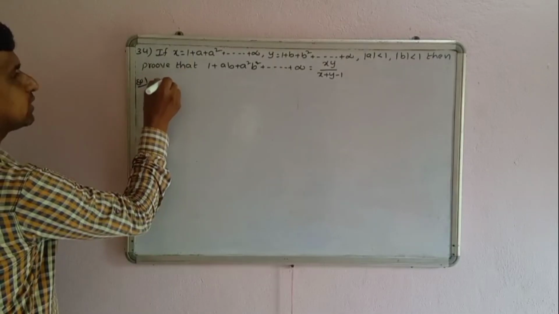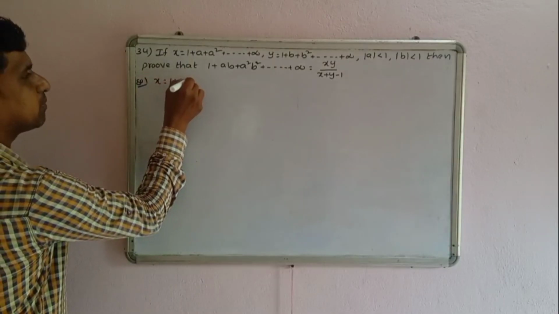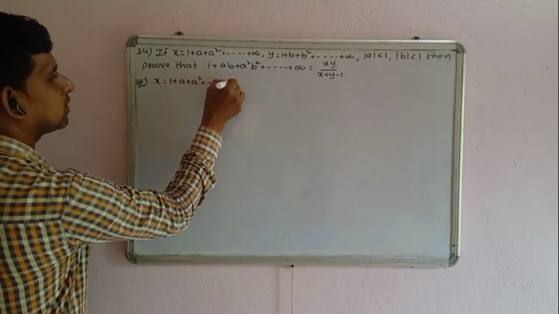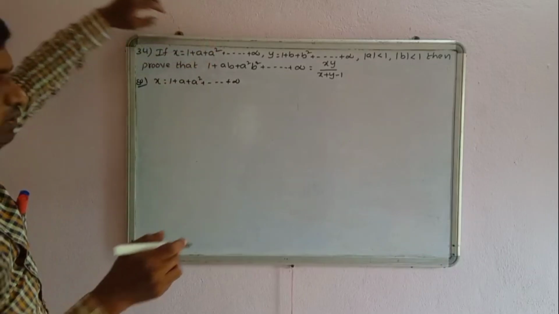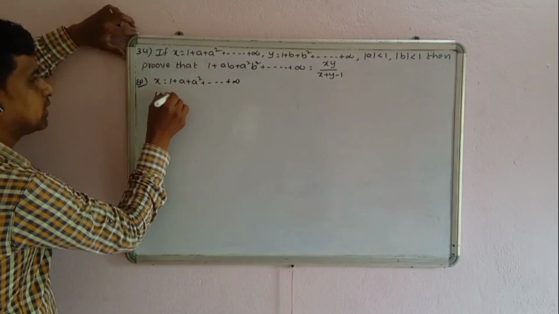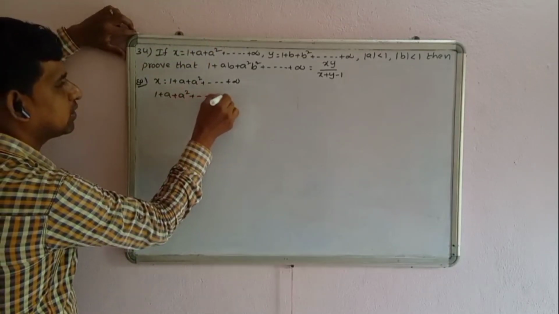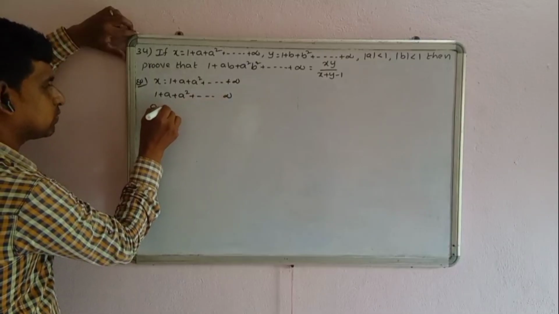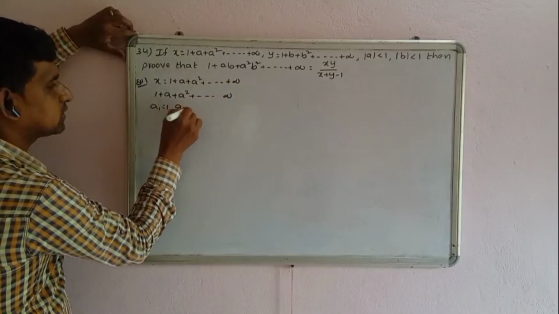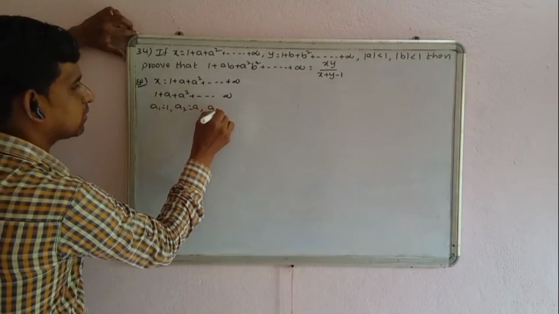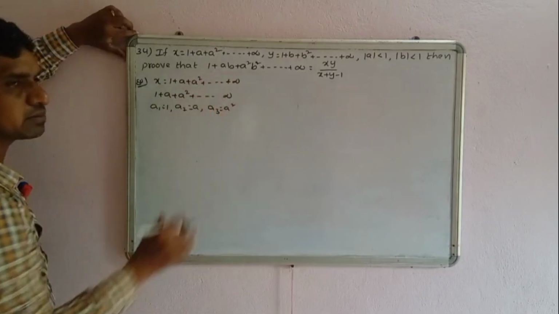Okay, see the first progression. What is x? x equals 1 plus a square plus so on infinity. First solve this one. Here a1 is 1, the first term, a2 is the second term, a3 is a square, and so many terms are there.